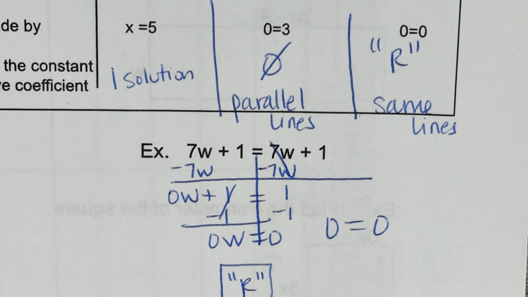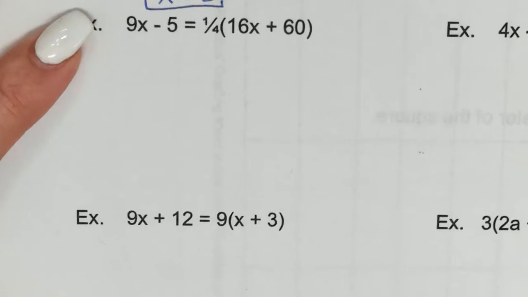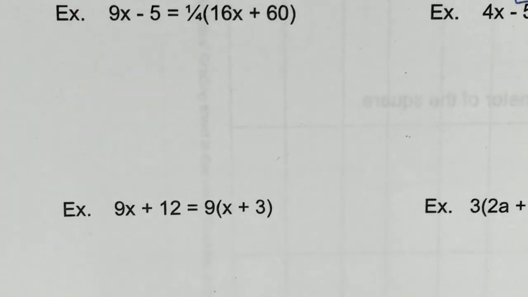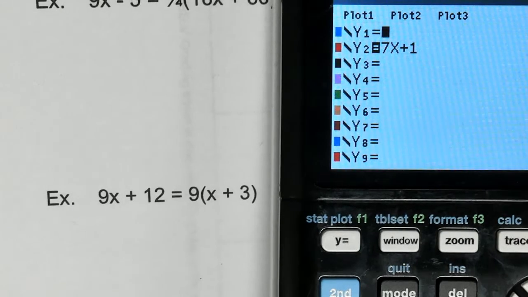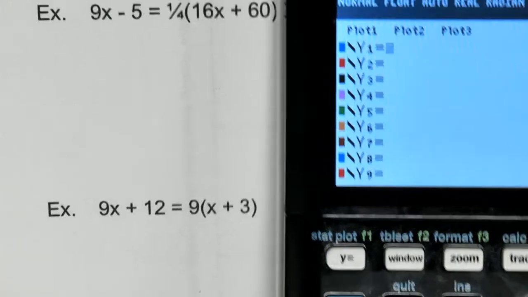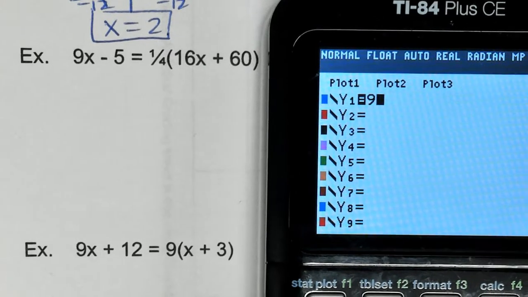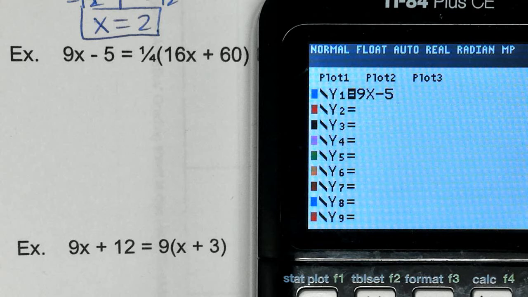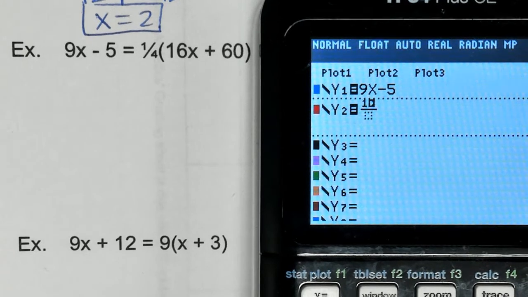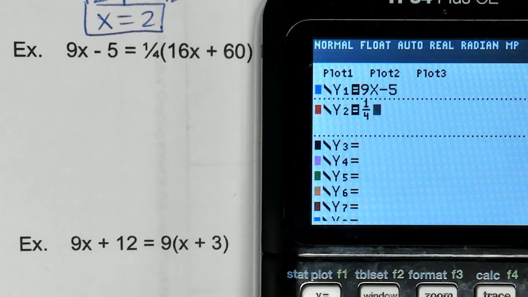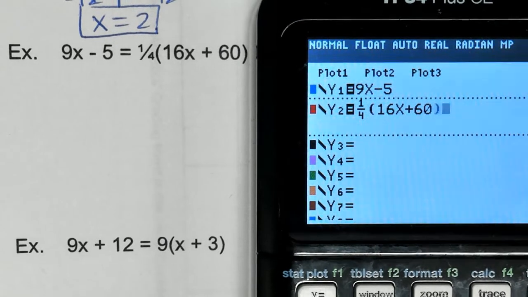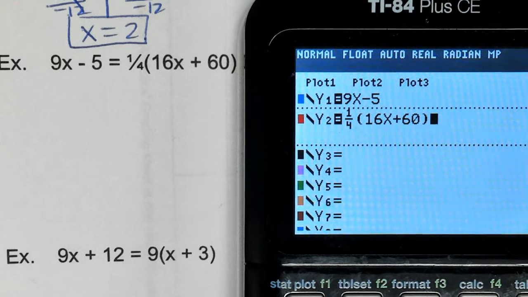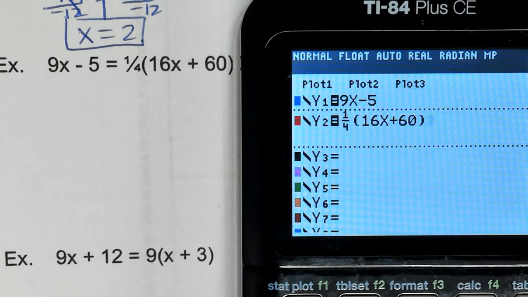Are we good? All right, let's go to the next one. What's the first thing I should do? Put in my calculator. So Andrea, make sure Abigail's okay. Check it with mine to make sure you put it in exactly correct.